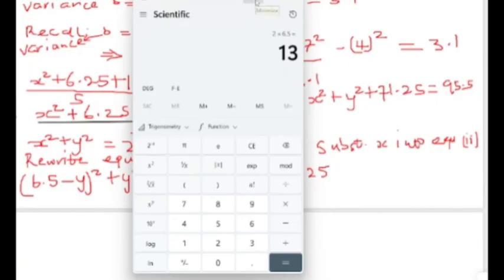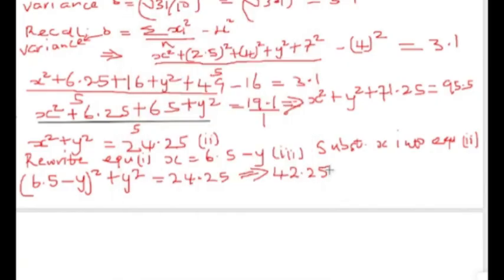We know that 6 times 2 is 12. 6.5 times 2 gives us 13. So 6.5 times minus y times 2 gives me minus 13y. Then finally minus y squared, plus y squared. Everything equals 24.25.